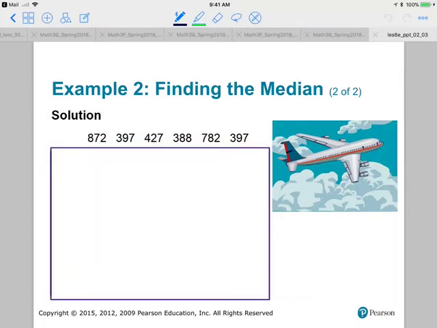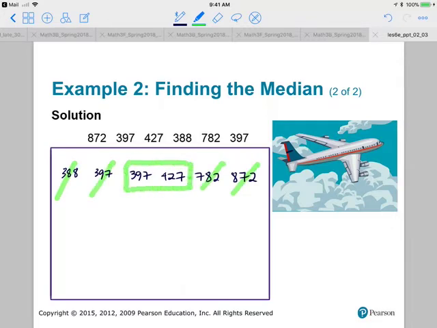Okay, so we're going to do the same thing we did before. We're going to order the data. We'll get 388, 397, 397, 427, 782, 872. Okay, now I'm going to try to do my little trick again where I just mark off the outer and the inner. Oh, wait a minute. I've got 2 in the middle. So my median is going to be the average, right? It's going to be the mean of the middle 2.